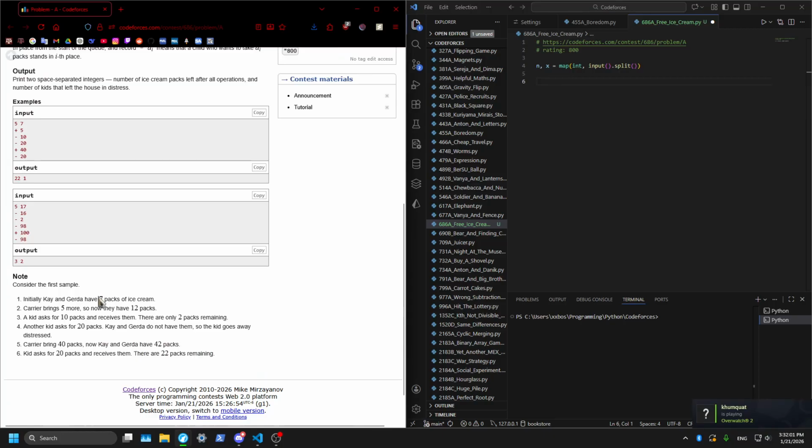Initially they have 7 packs. Now they have 12 packs. Kid asked for 10 packs and received. Okay, I see. So x is the amount they start with. 5 is the length of the queue. 1, 2, 3, 4, 5.